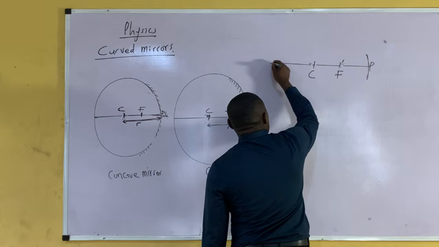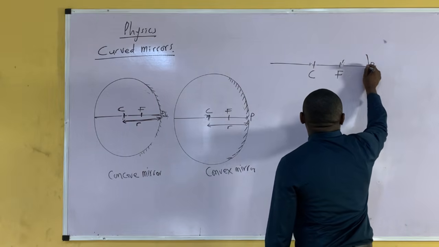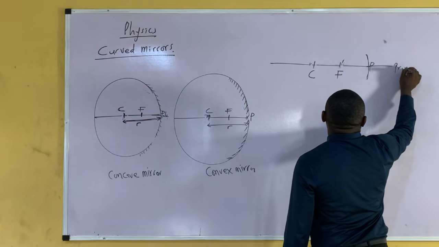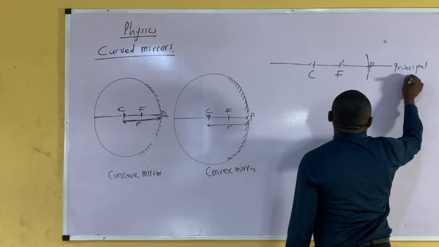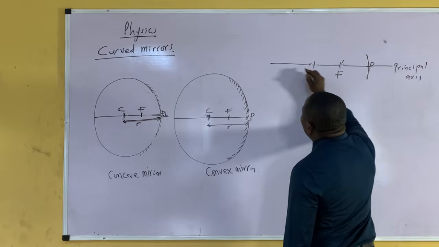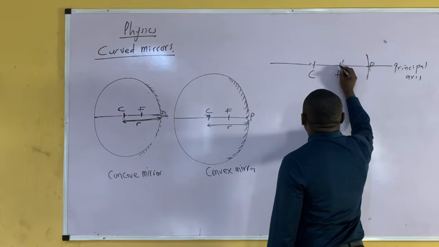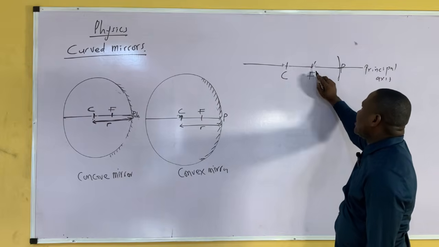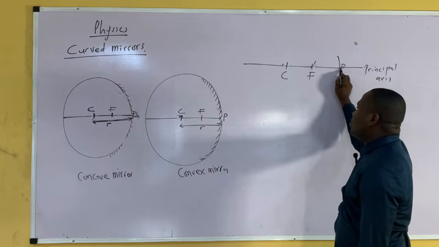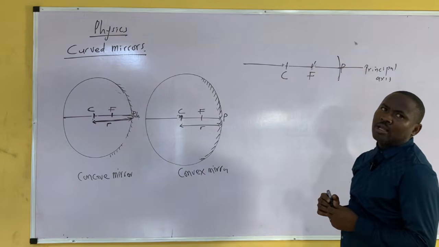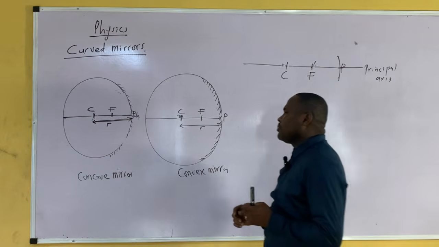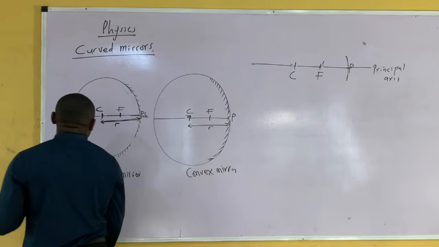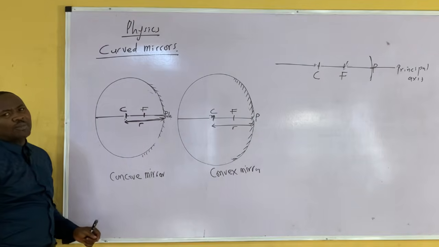This is the principal axis, and on the principal axis, this point is called the principal focus, because the distance from here to the pole is called the focal length.